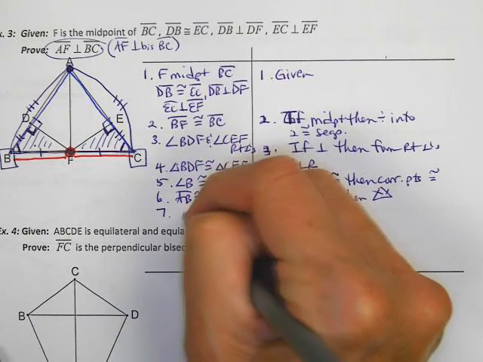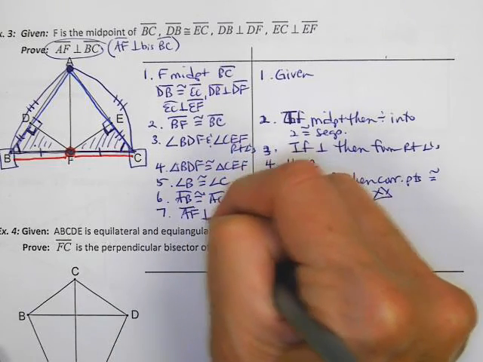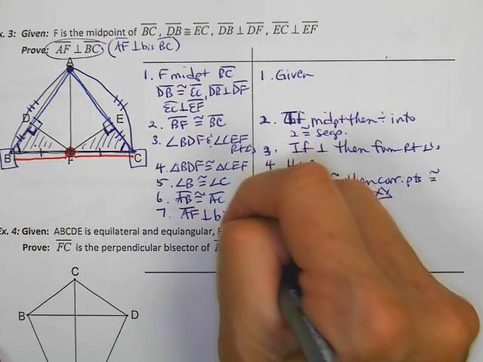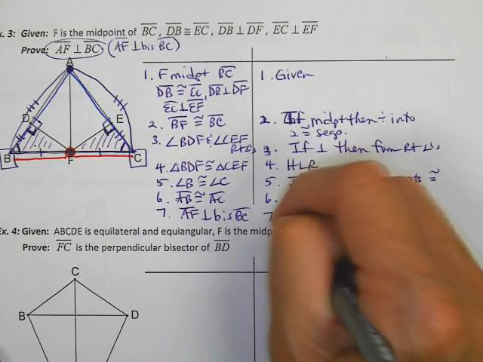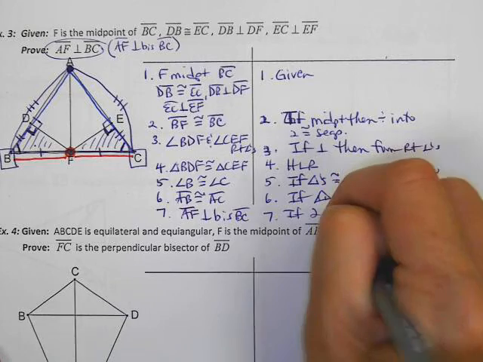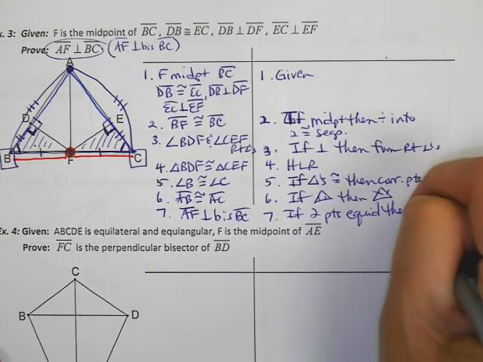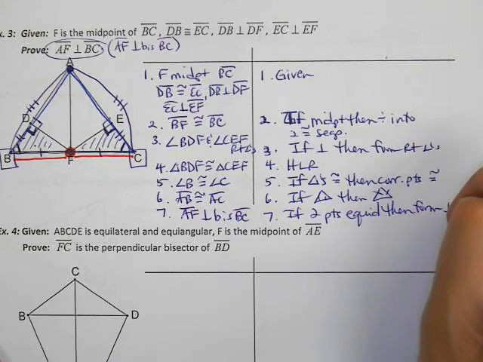So together, AF makes the perpendicular bisector of this segment, which is BC. That's the new theorem: if 2 points are equidistant, then they form the perpendicular bisector.